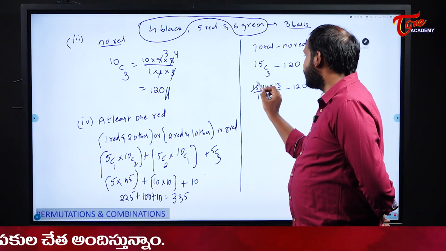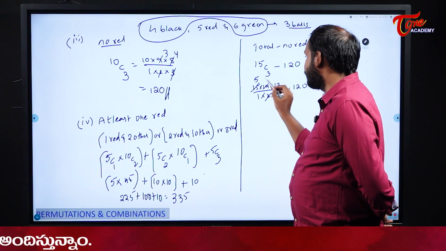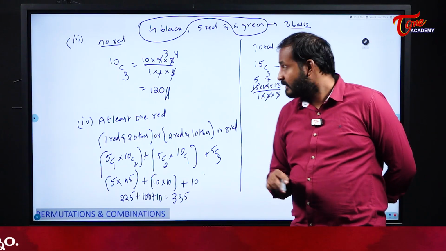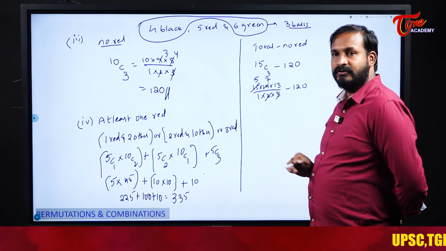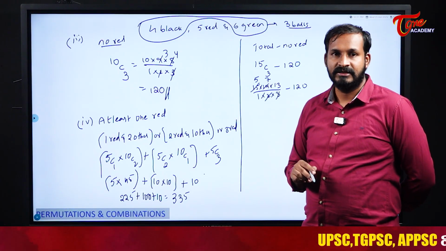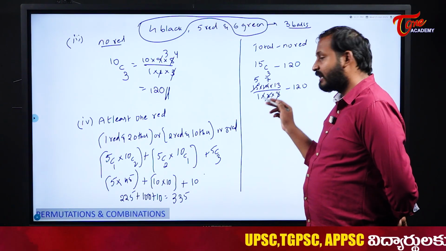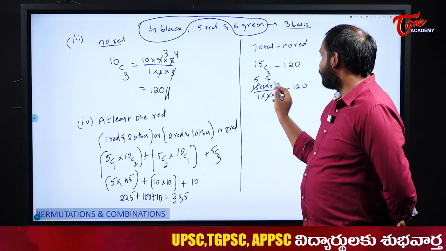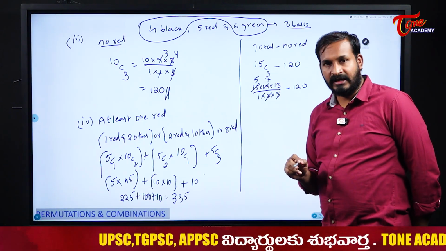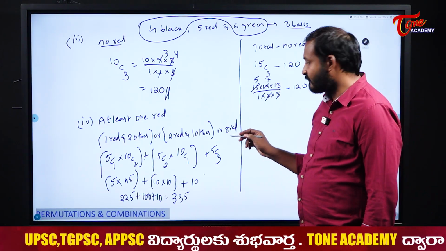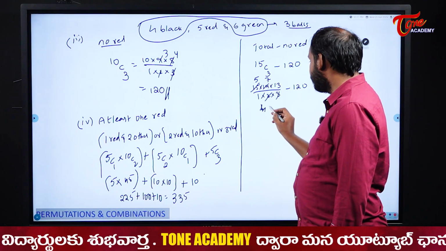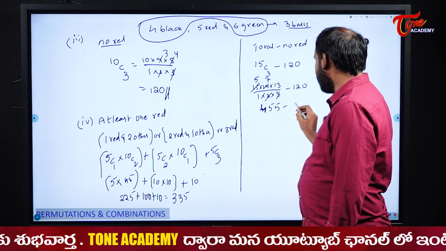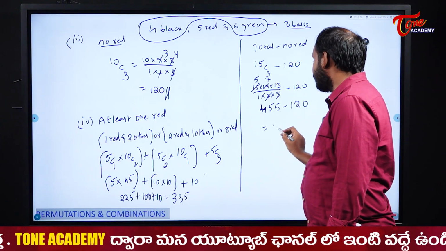3 1s are 3, 5s are... 2 7s are 14, so 7 5s are 35. 35 into 13 is 350 plus 105, which is 455. 455 minus 120 becomes 335.